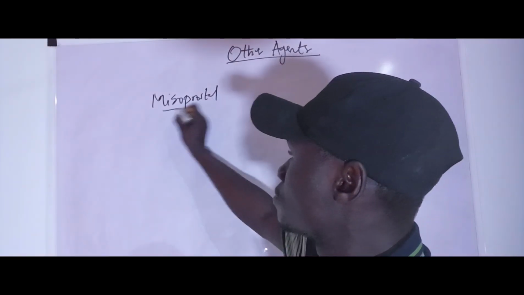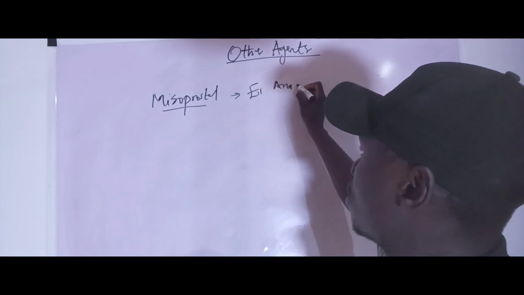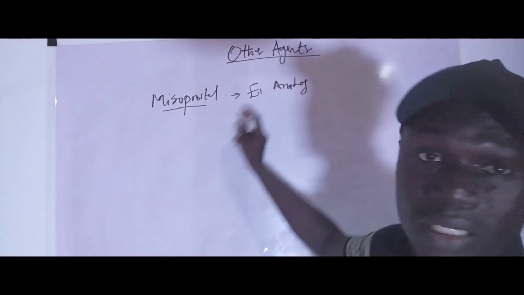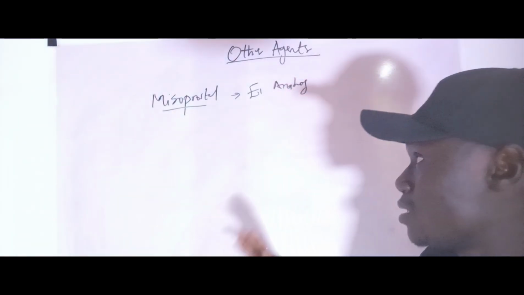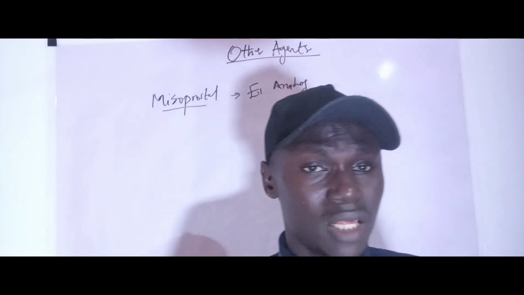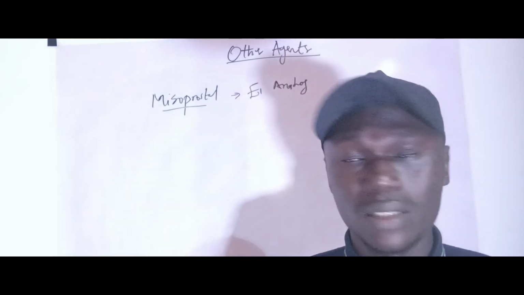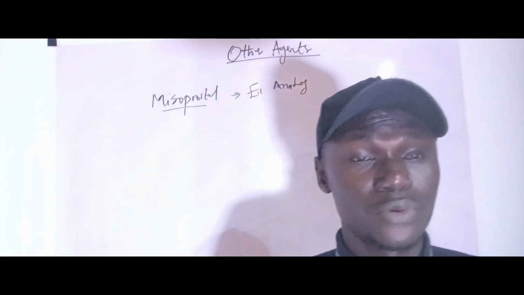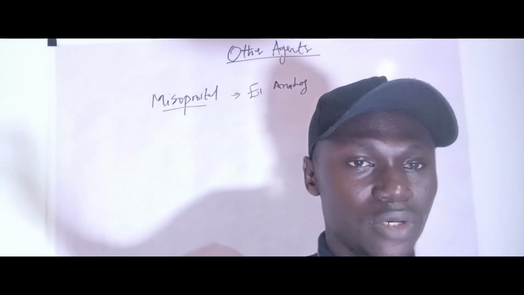Misoprostol is a prostaglandin E1 analog. So what is the mechanism of action? Misoprostol increases blood flow to the mucosa.